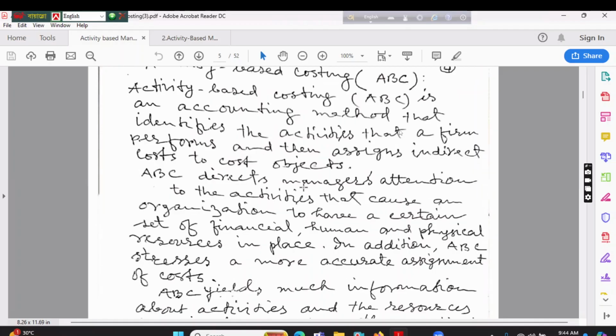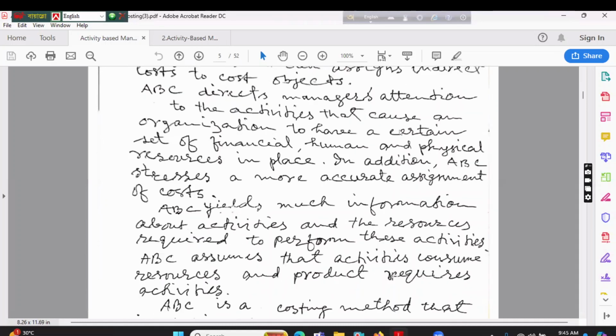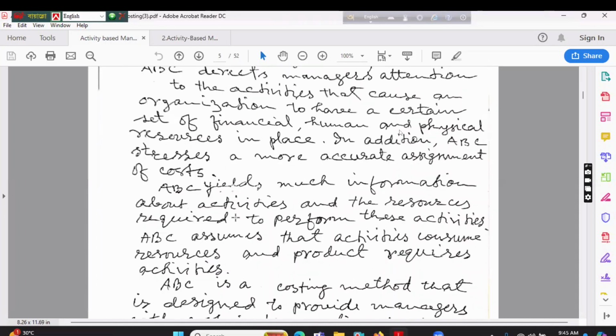Activity-based costing directs managers' attention to the activities that cause an organization to have a certain set of financial, human, and physical resources in place. ABC stresses a more accurate assignment of cost. ABC yields much information about activities and the resources required to perform these activities.